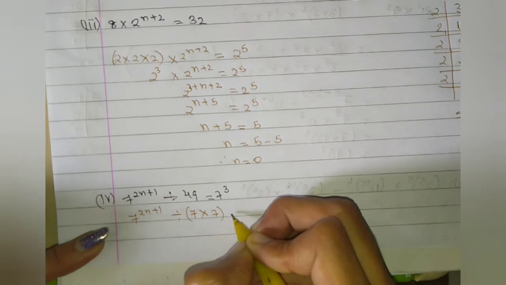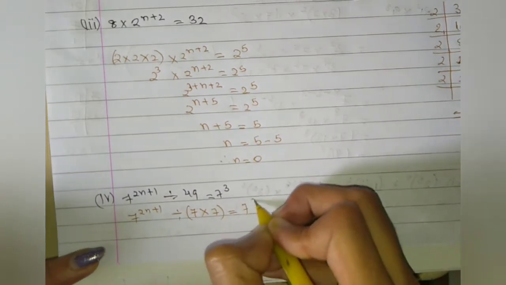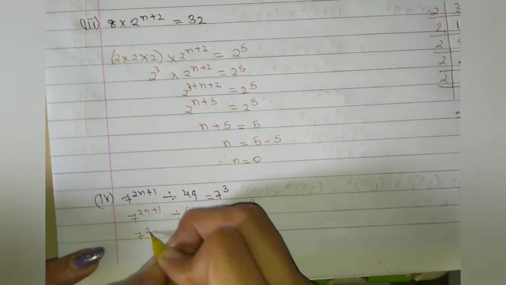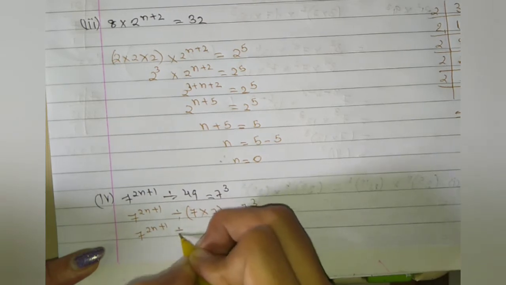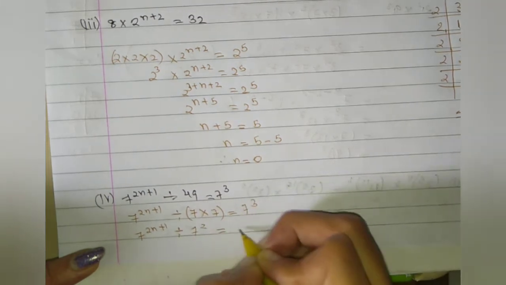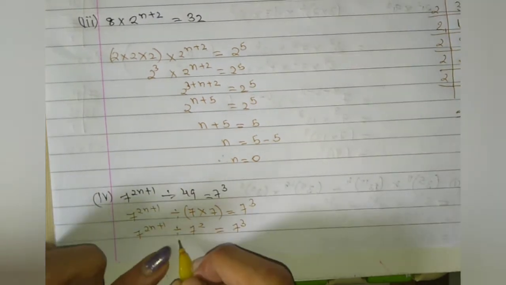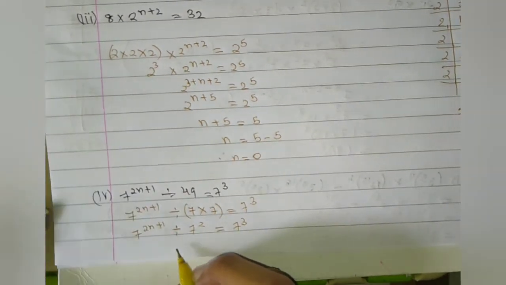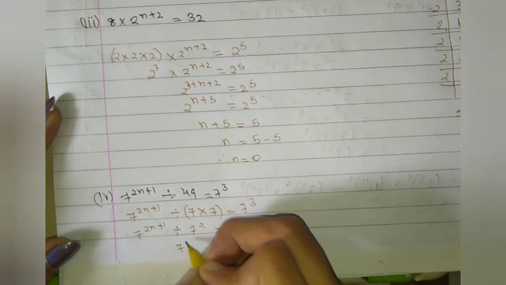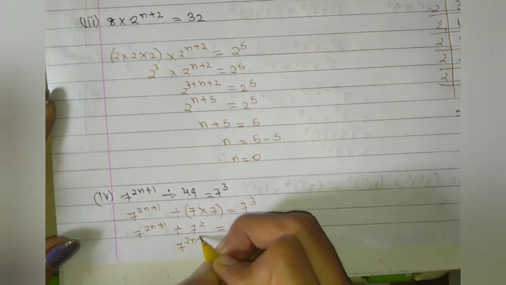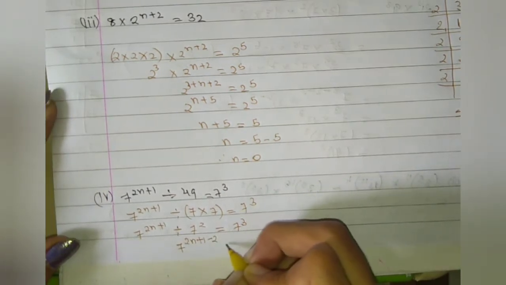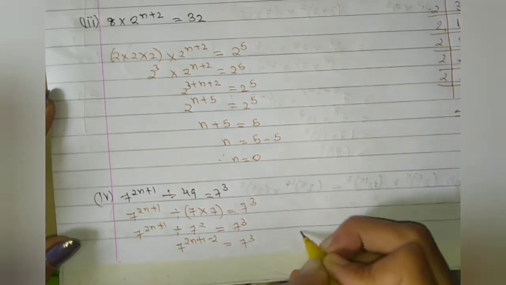Okay, 7 7s are 49. 7 raised to 2n plus 1 divided by 7 raised to 2 equal to 7 raised to 3. Now this one, it is in division, so we have to minus it. So what we will do, 7 raised to 2n plus 1 minus 2 equal to 7 raised to 3.